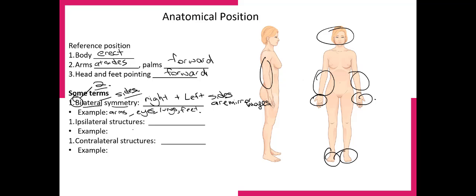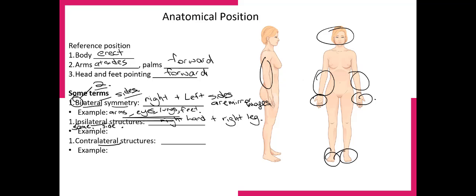Ipsilateral structures are structures that are, again, lateral means side, ipsi means same, right? So ipsilateral structures are structures that are on the same side. So for example, your right hand and your right leg are ipsilateral structures. They're on the same side. Contralateral structures are structures that are on the opposite side.